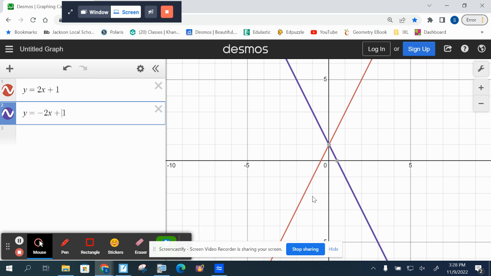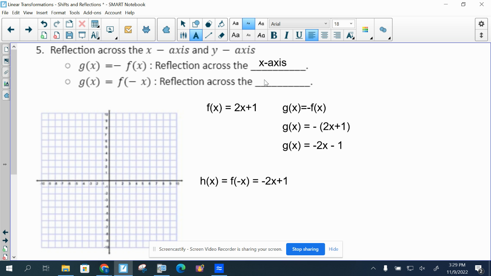So now this point is going to be over here, this point is going to be over here, this point is going to be here. So see how 2, 5 is now negative 2, 5. And let's see, 1, negative 1 is now negative 1, negative 1. So this would be the y-axis.